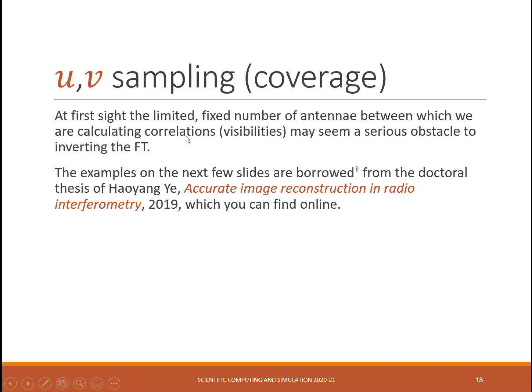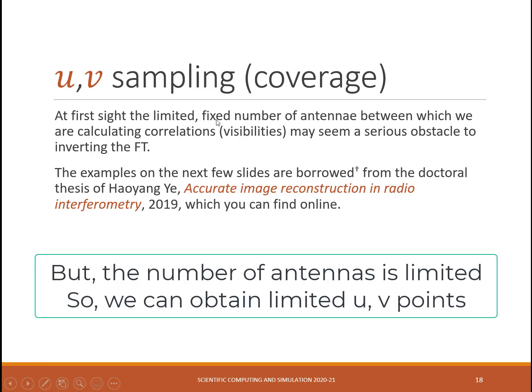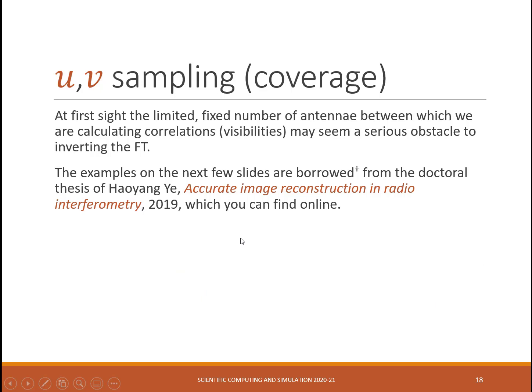We know that the number of U and V points depends on the number of antennas. Because there is a very limited number of antennas fixed at various locations on the Earth, making full sampling of all U and V points is impossible. In the following slides, I will explain this matter by example.